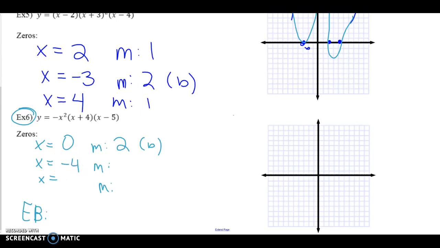What's that multiplicity? How many times does it happen? Just once. Alex, what's our next x-intercept? 5 with multiplicity 1. You can go ahead and graph those. So it's going to bounce at 0. It's going to go through at negative 4. It's going to go through at 5.